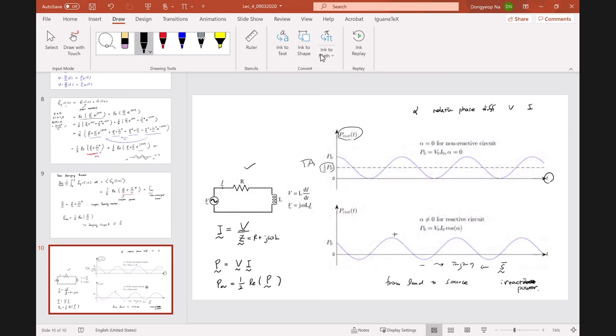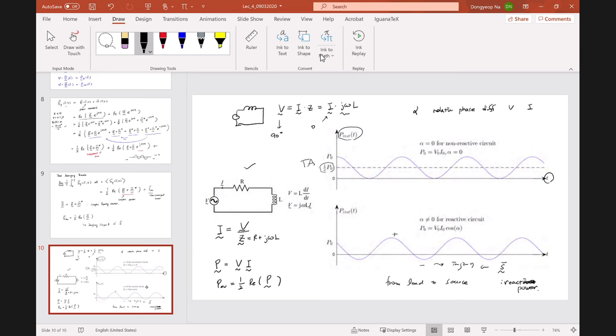For example, if we have only inductance, then the voltage is going to be current times Z, and because Z is j omega L, if we assume the current has zero phase, then the voltage would have a 90-degree phase delay from it, due to this inductance j term.